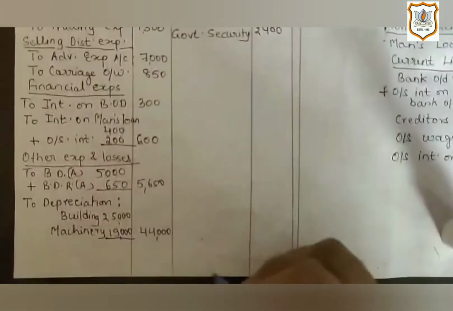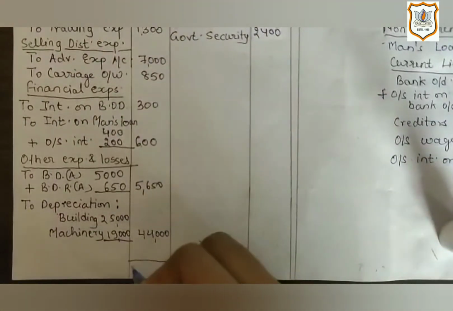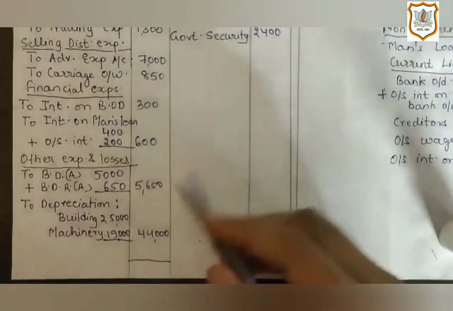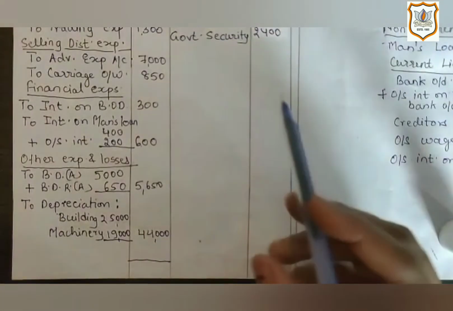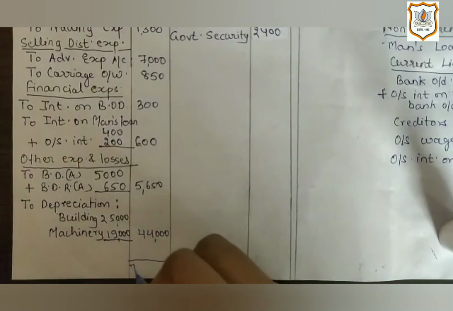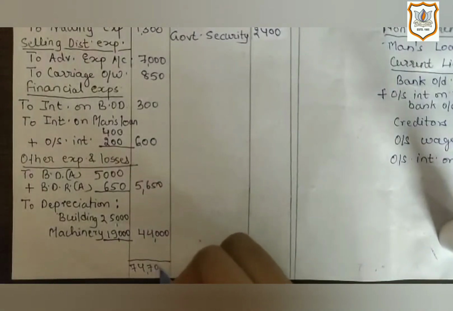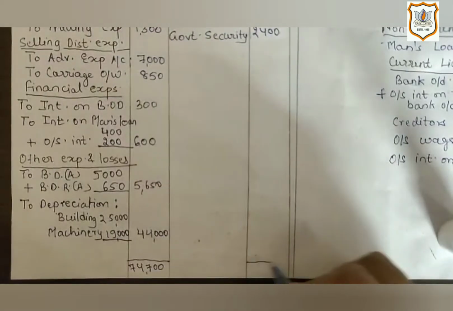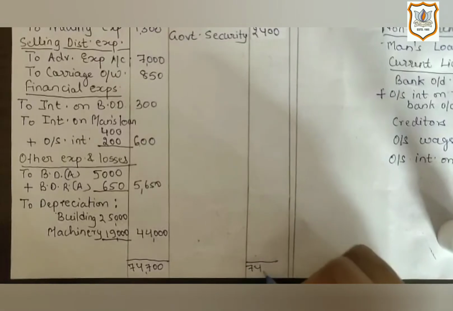Now we will close the profit and loss account. Here the total of the debit side is more, which indicates that the firm's expenses are more than the firm's income. The total is 74,700, which we will write on both sides.